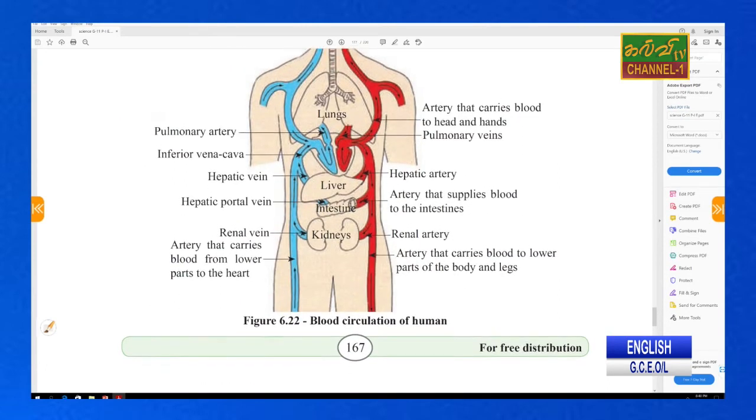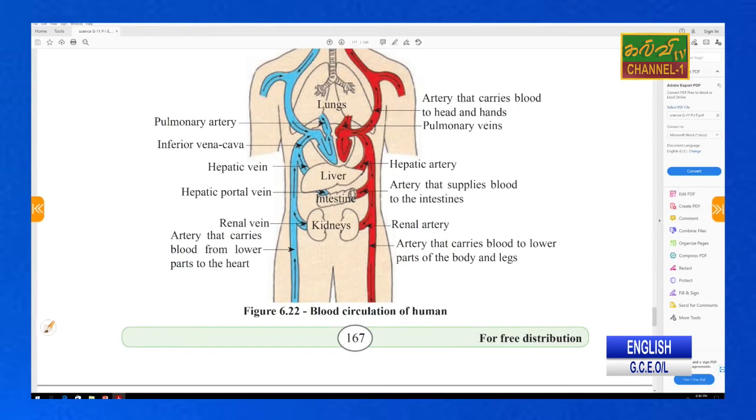At the same time, you can find the vein systems. Here they are mentioned in blue color, right?